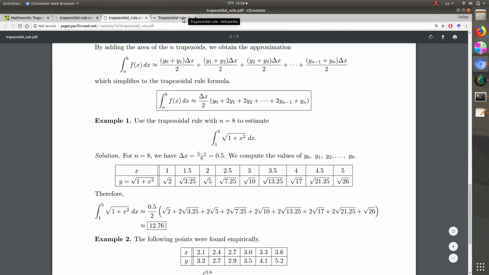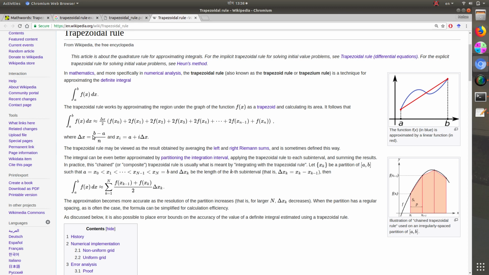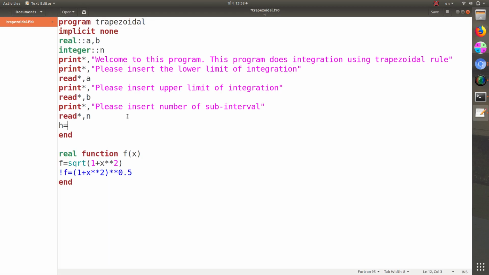This is h and this h is b minus a over n. Okay, so write down b minus a over n. Alright, so this is our h, the width of the subinterval, but I have not defined whether h is real or integer. This must be real. Okay, so the computer found h.